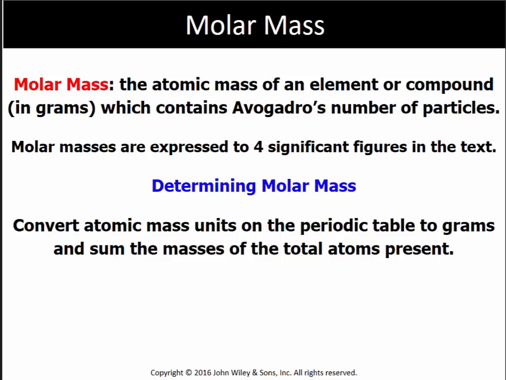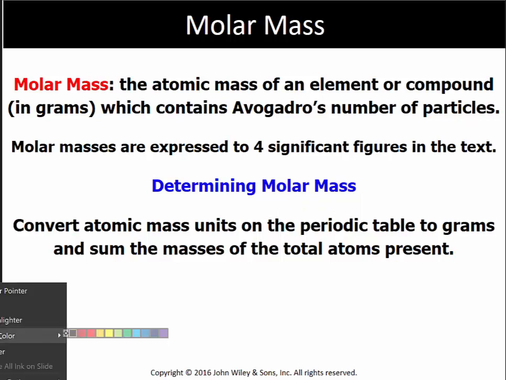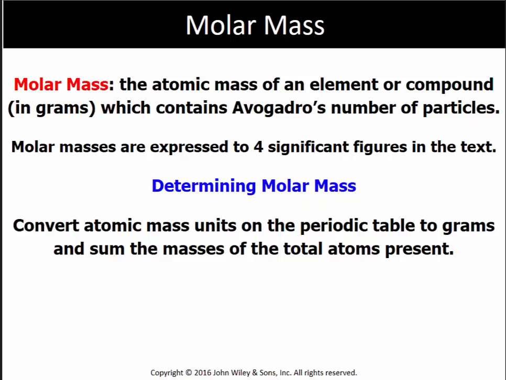Now, the mass of 1 mole of any element or compound becomes the molar mass. So molar mass is basically the mass of 1 mole of atoms, elements, compounds, any material.